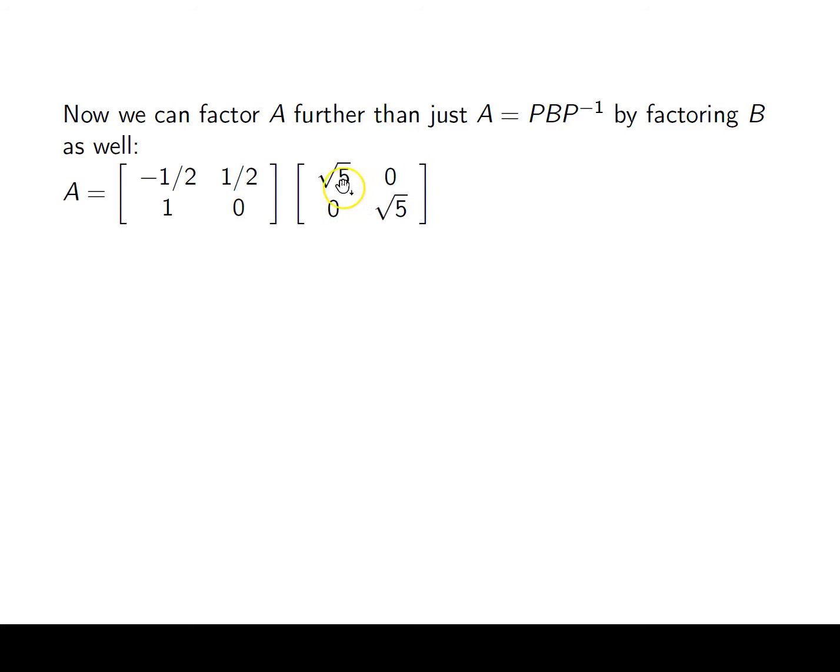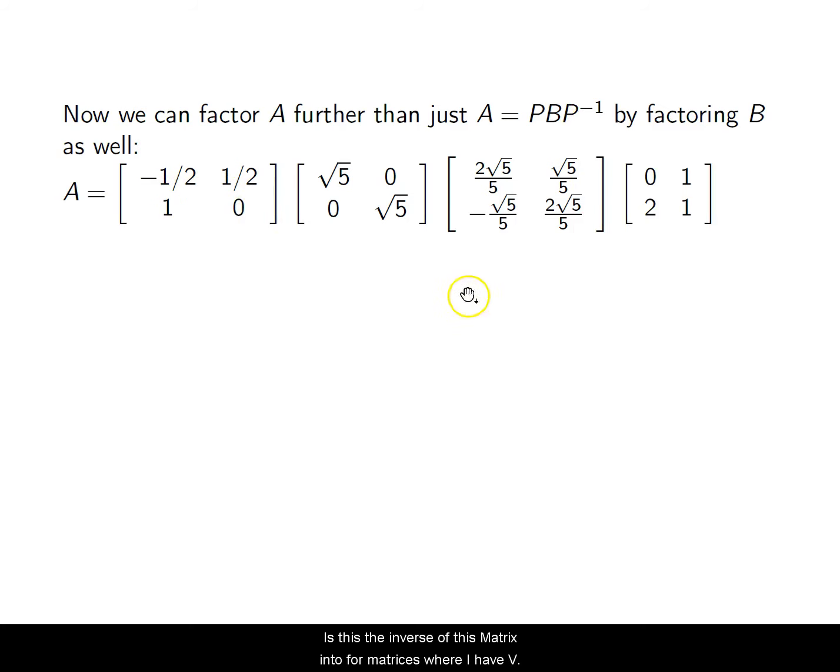My B can be split into the dilation matrix times the rotation matrix, and P inverse is just the inverse of this matrix. Okay, so now I factored it into 4 matrices where I have the dilation, the rotation, I have P, and I have P inverse, right? And again, you always want to check: if I multiply all these out, I have my matrix A.